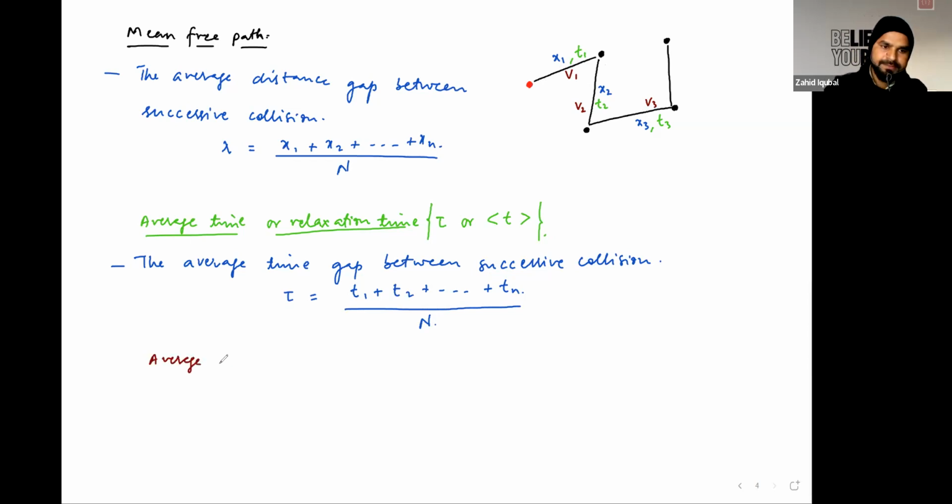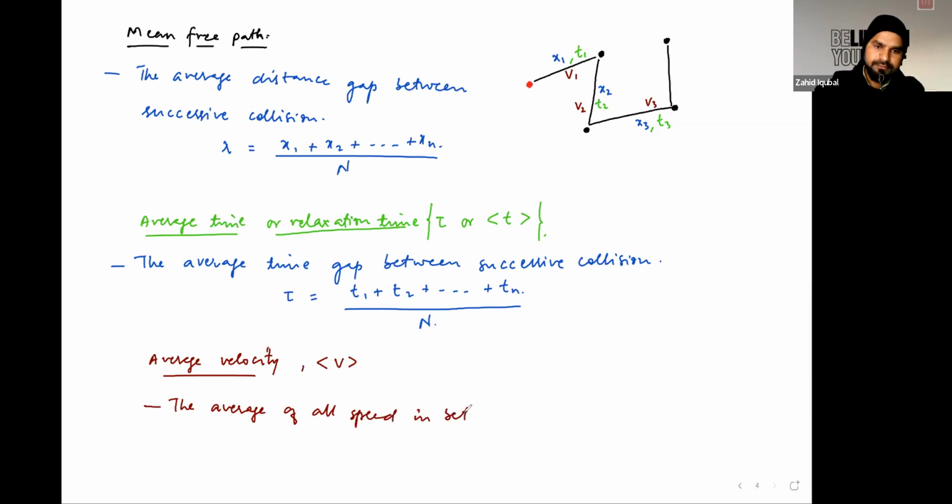So next is average velocity: the average of all speeds between successive collisions.